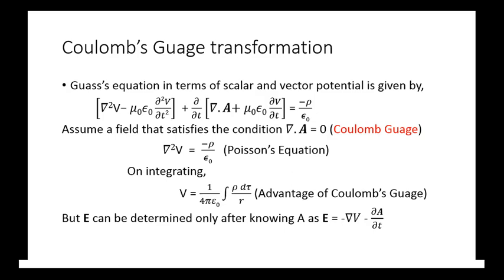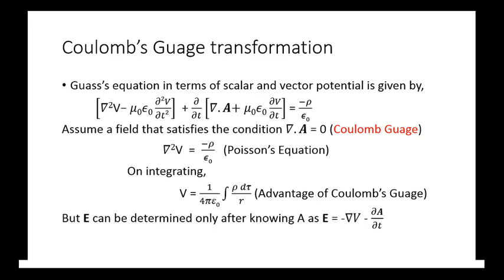So we had already learned what are the potentials related to the fields, that is the magnetic vector potential and scalar electric potential. Now we had expressed Maxwell's equations in terms of electrodynamic potentials V and A. And in that equation, we had imposed a condition which is the Lorenz condition, and we found out the Lorenz gauge transformation.